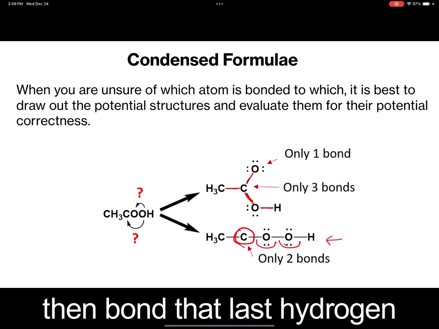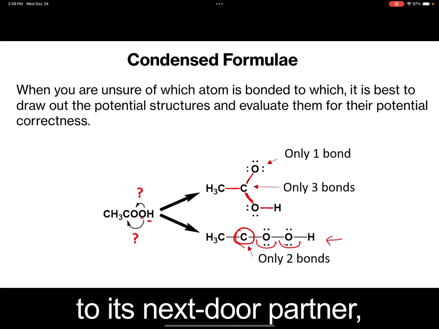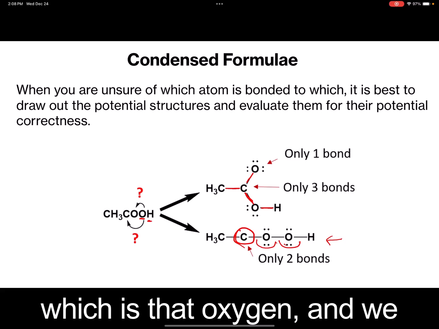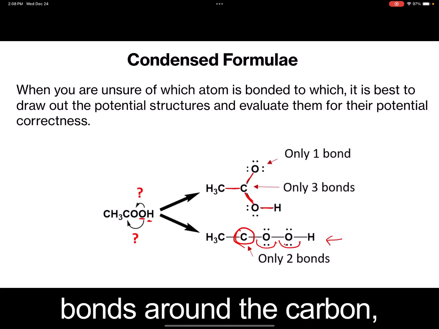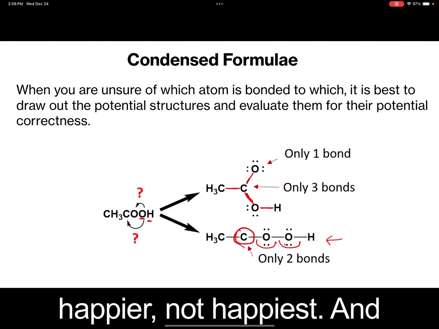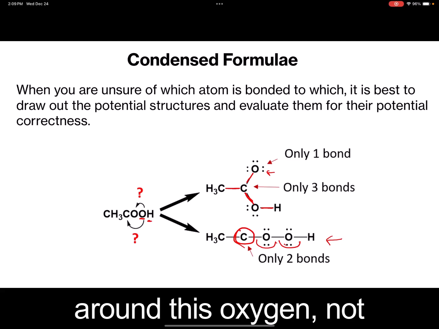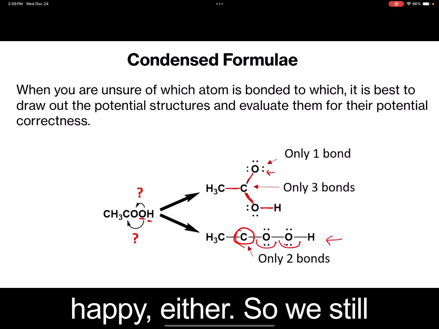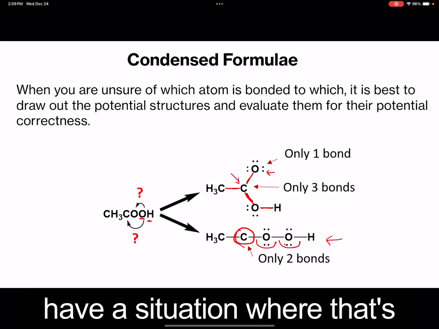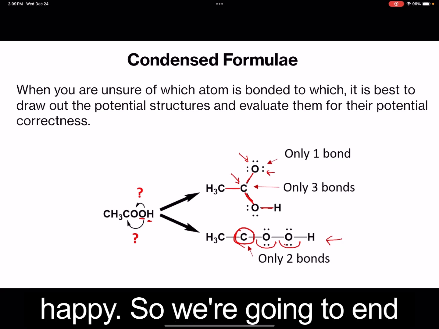We then bond that last hydrogen to its next door partner, which is that oxygen. We can see we now have 3 bonds around the carbon, happier, not happiest. And we only have 1 bond around this oxygen, not happy either. So we still have a situation where that's not happy and that's not happy.